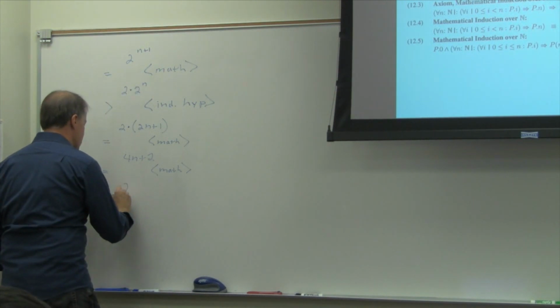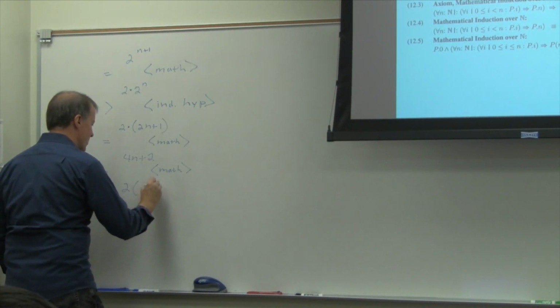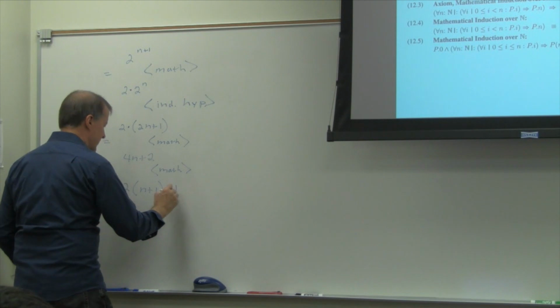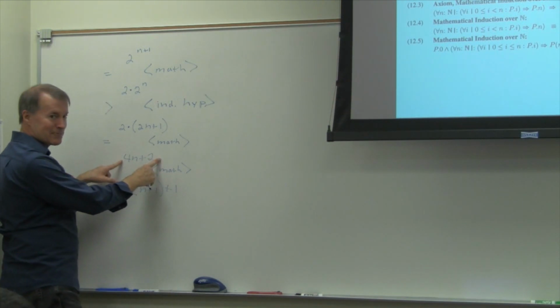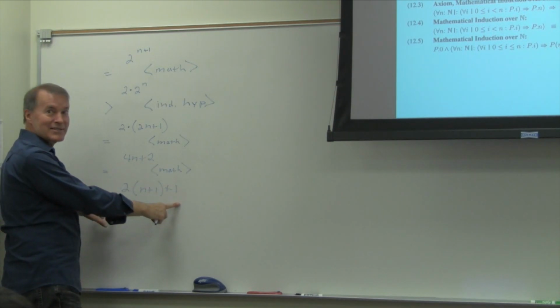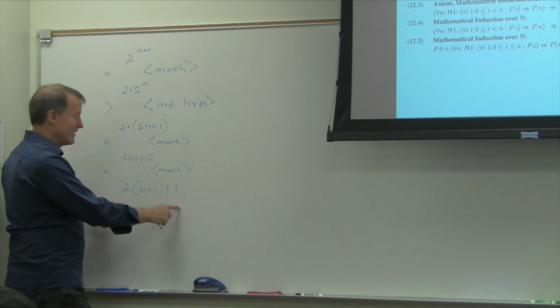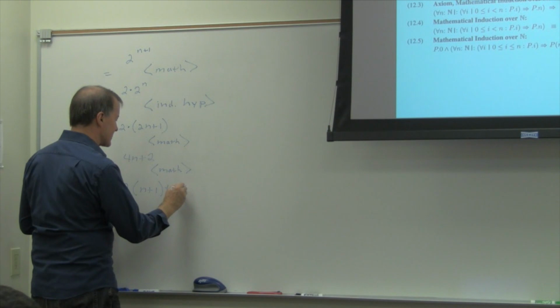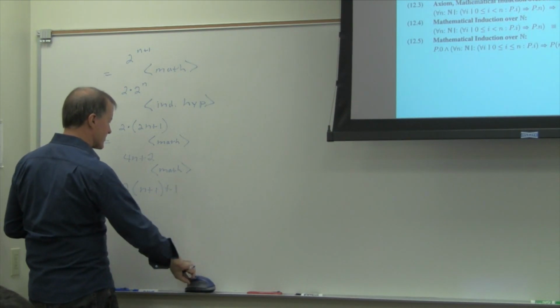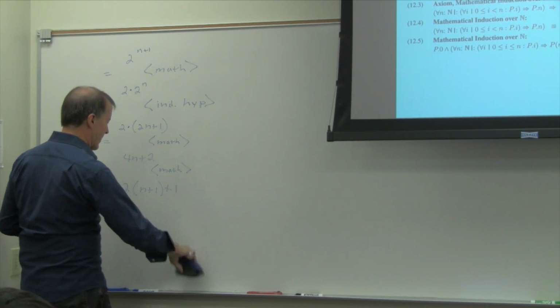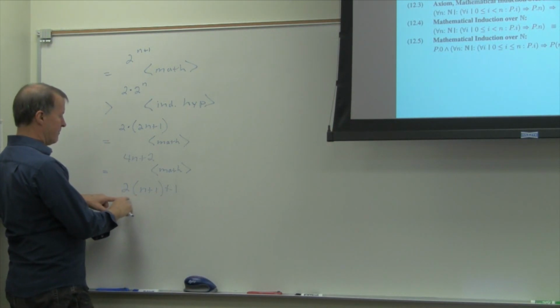That's what we're trying to get it to. But at this point, for sure this does not equal this. It's bigger, right? So how far off are we? Are we off by a plus or a minus or what? Plus 2n minus 1.